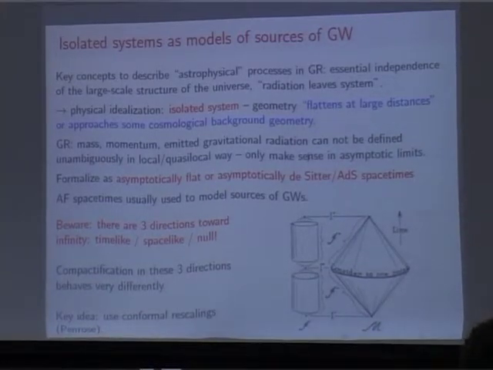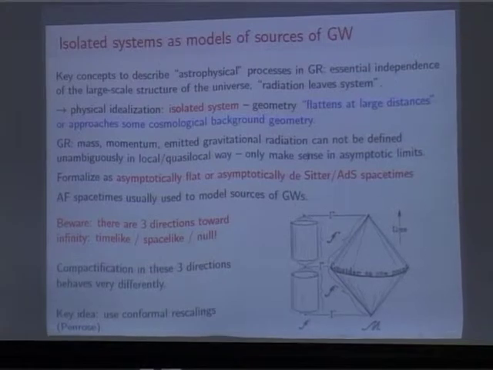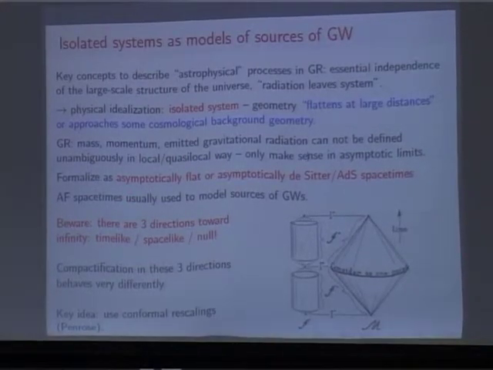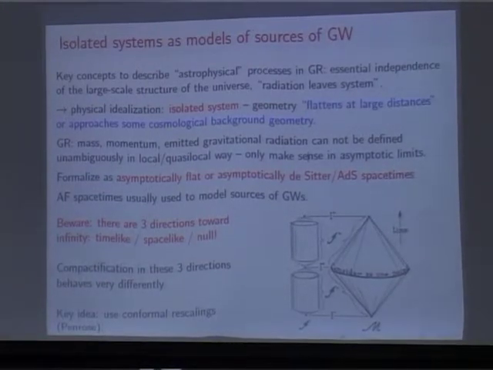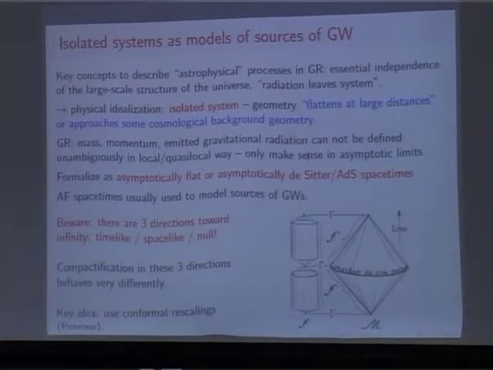So this idea of an isolated system can be formalized, and this is usually called an asymptotically flat, asymptotically de Sitter, or asymptotically anti-de Sitter spacetime. For astrophysics, we are usually interested in asymptotically flat spacetimes. These are usually the basis of models of sources of gravitational waves.